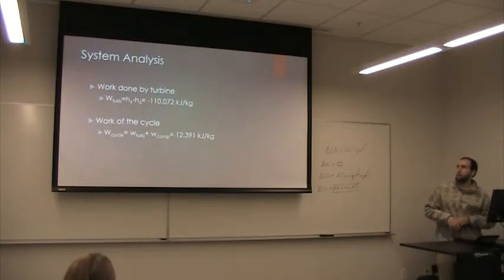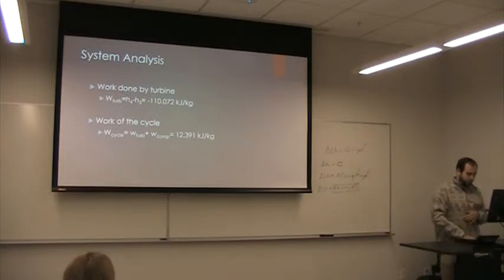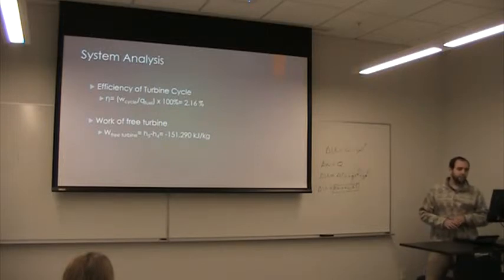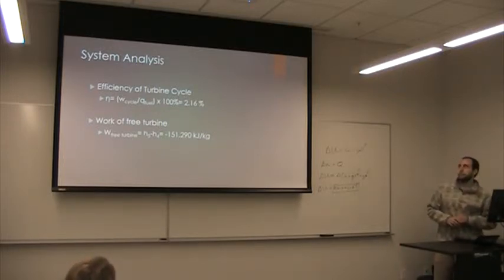And then the work of the cycle, which is the work of the turbine plus the work of the compressor, would be about 12.3 kilojoules per kilogram. We used this to look at the efficiency of the turbine, which was found to be about 2.16% efficient, and also the work done by the free turbine, which is not part of the turbine itself, that's for the generator, but the work done by the free turbine was about negative 150.3.